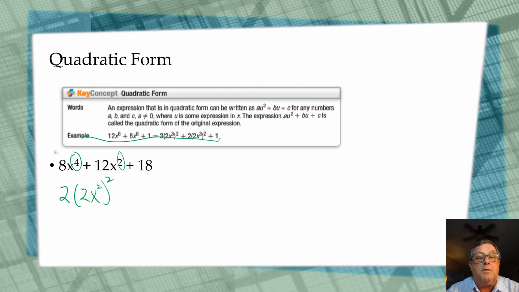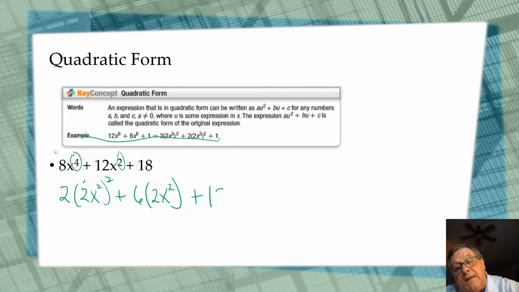Well, 2x squared squared is 4x to the fourth times 2 is 8x to the fourth. Let's factor out a 6 right here. And that would give me 2x squared, right? 6 times 2x squared is going to be 12x squared, plus 18.